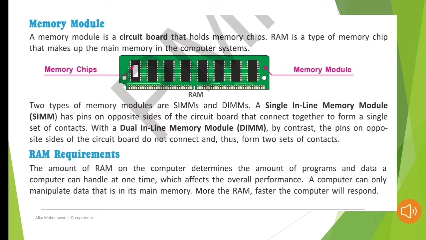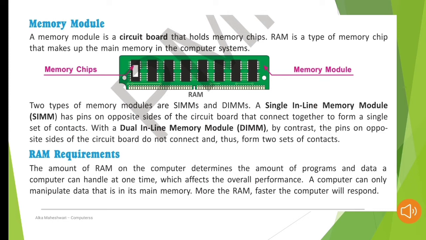Memory modules. It is a circuit board on which the RAM chip is fitted. There are two types of memory modules, SIMM and DIMM. SIMM, single inline memory module, forms a single set of contacts with the help of pins on the opposite side of the board.